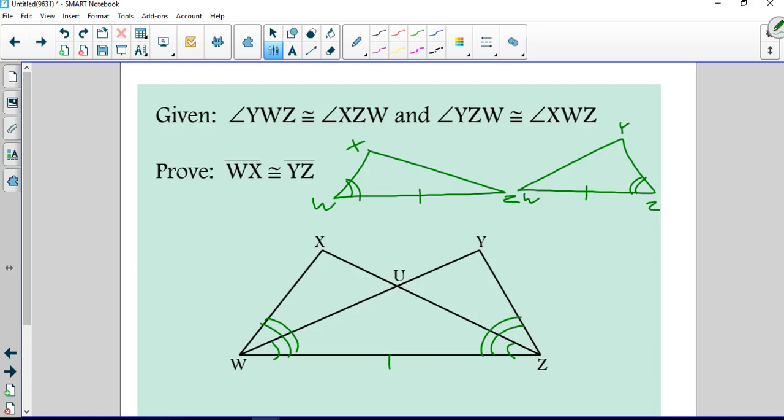Now this one's a little more challenging. So notice we have this angle here and this angle here. Okay? So that helps you.